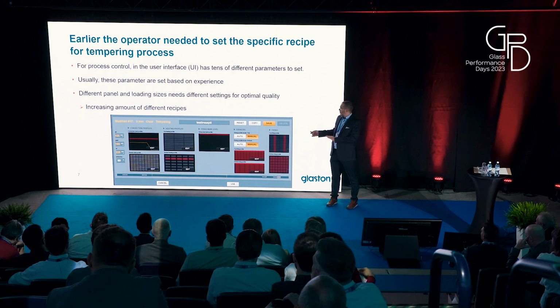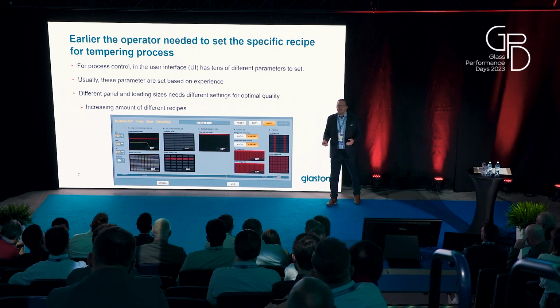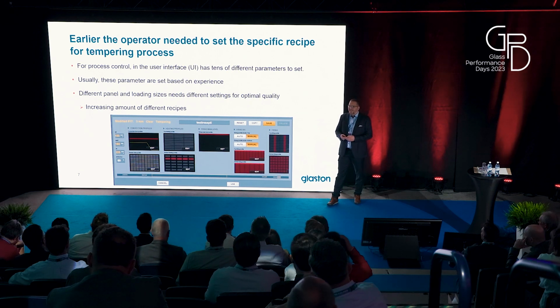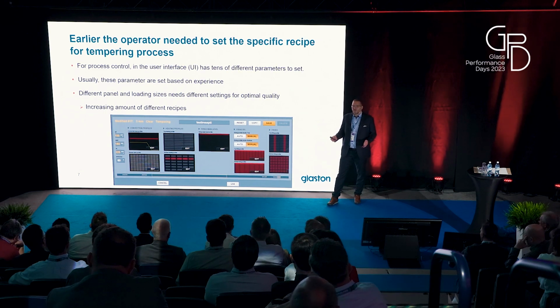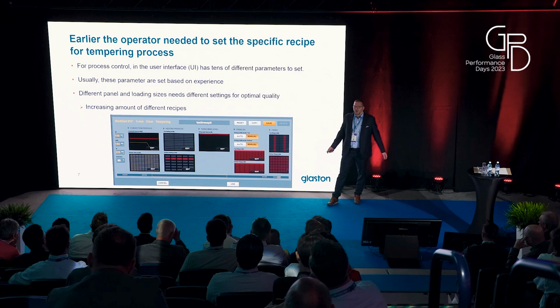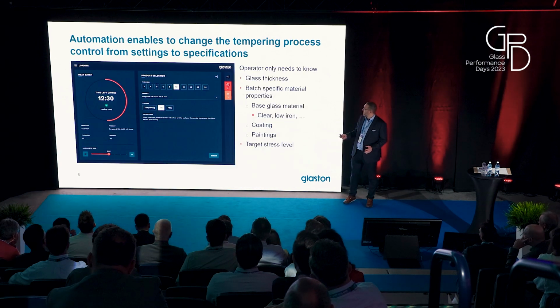So we wanted to make this easier. And that's why, from experience and from theoretical aspects, we know how tempering machines should work and how we can change the settings so that we get better quality. And that's why we made this autopilot.